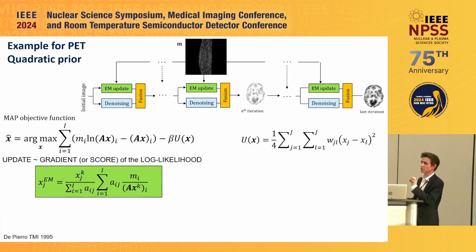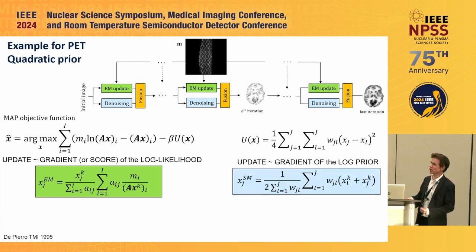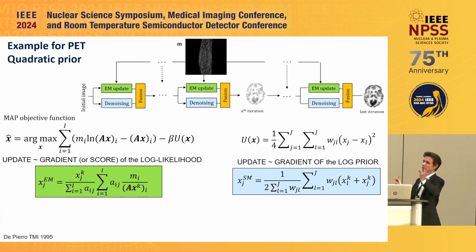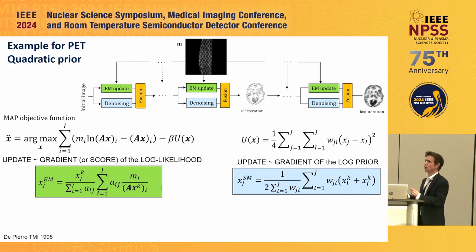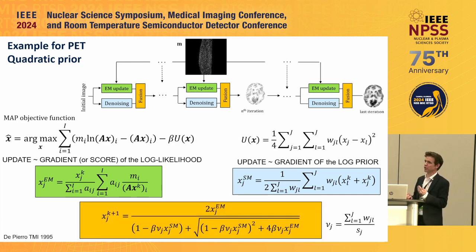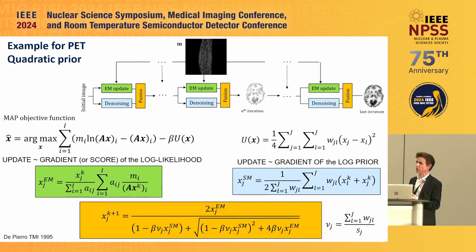the parameter values are the pixel values. And then we've also got an update related to the log of our prior. And so both of these are kind of suggested update steps based on the data on the left-hand side and based on our prior on the right-hand side. And then what we essentially do is merge together those two directions.